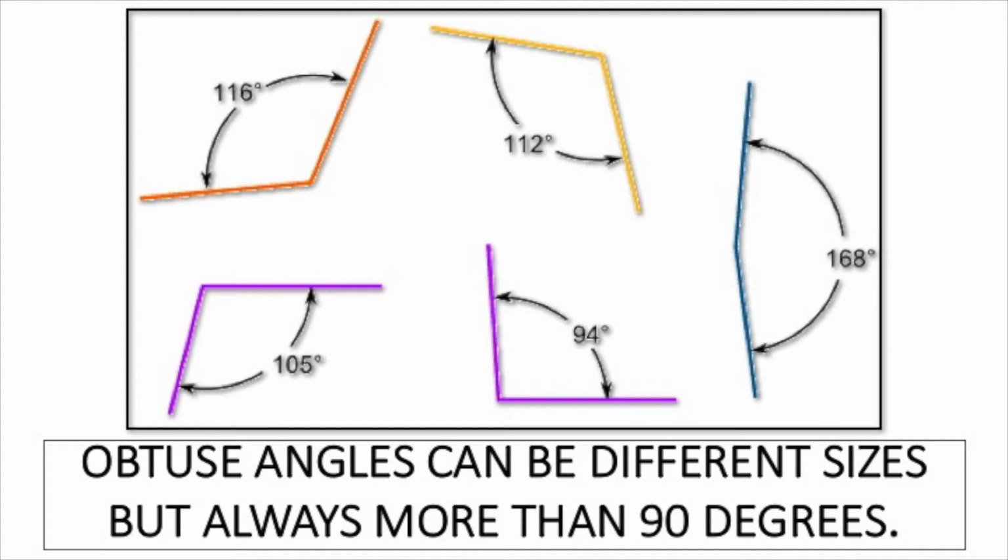Here. 105 here, yes. How about this one? And here? Are they all the same or are they different? All different, but they're all obtuse angles because they're more than 90 degrees and less than 180 degrees. Any questions, guys? Okay, brilliant. Well done.